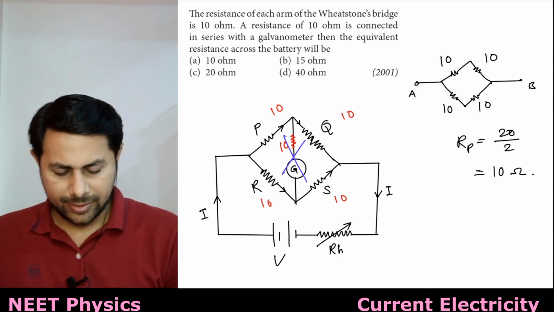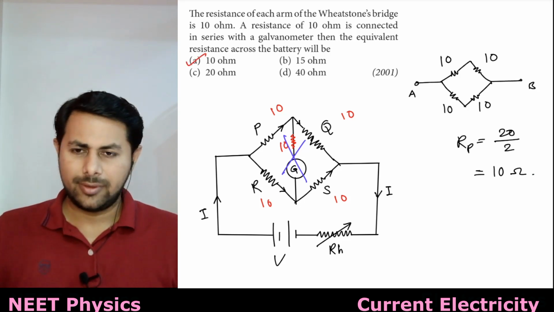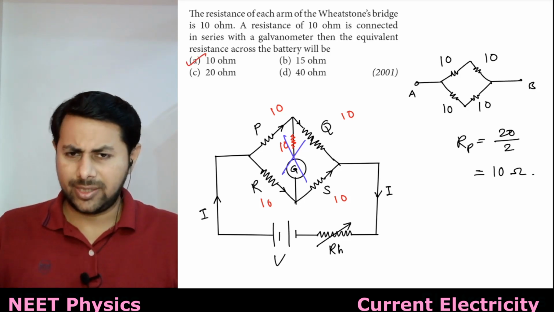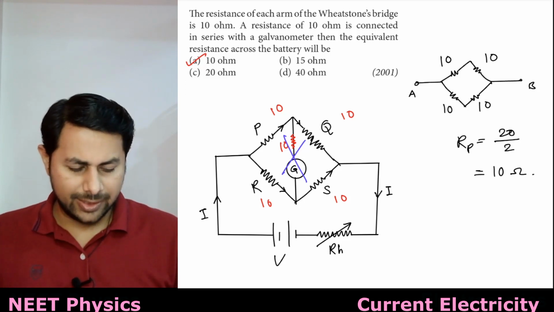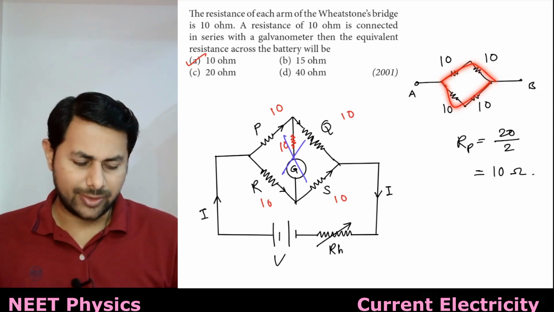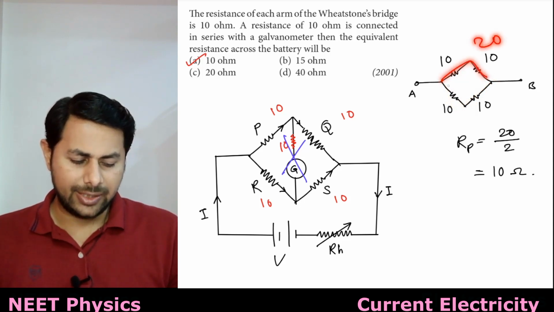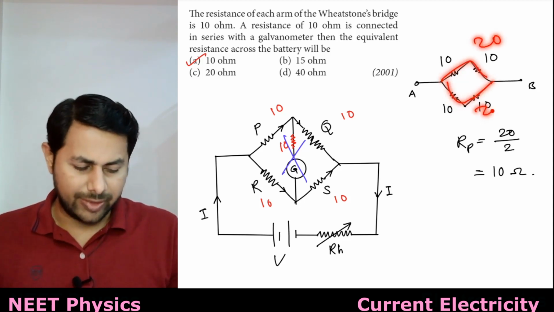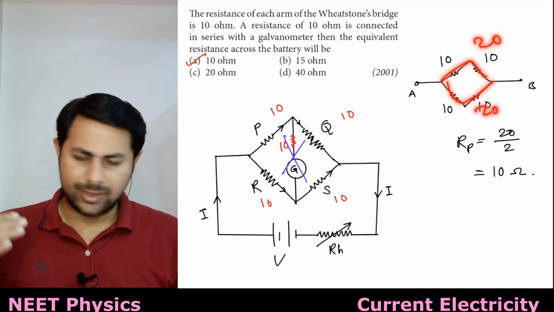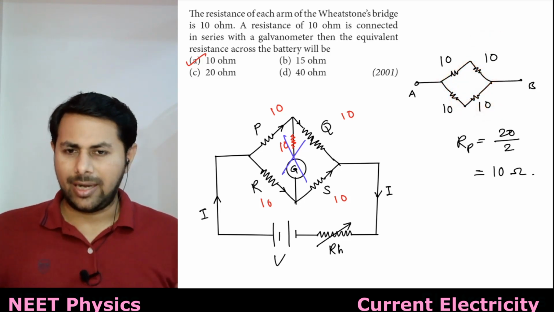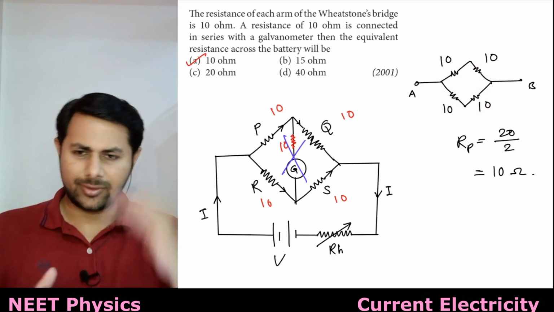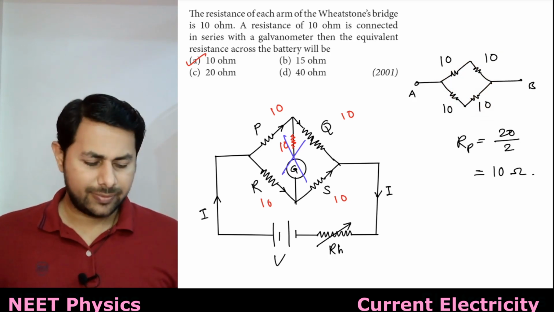So answer is 10 ohm. This is clear. It's like you have two identical resistors in parallel. Remember the formula, n identical resistors in parallel, so it is R by n.